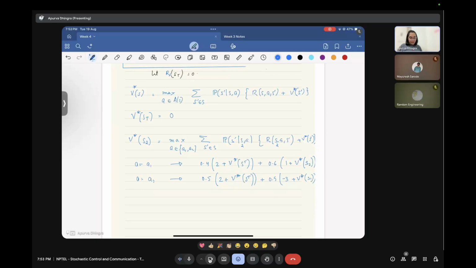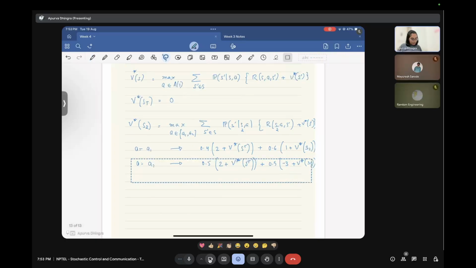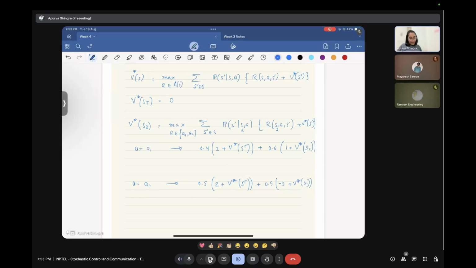Fine. Now if you notice, there are two things happening here. Let's be more careful here. If the action chosen was A1, we're getting this type of a scenario. This is 0.8 and 0.6, so 1.4, and this is just 0.